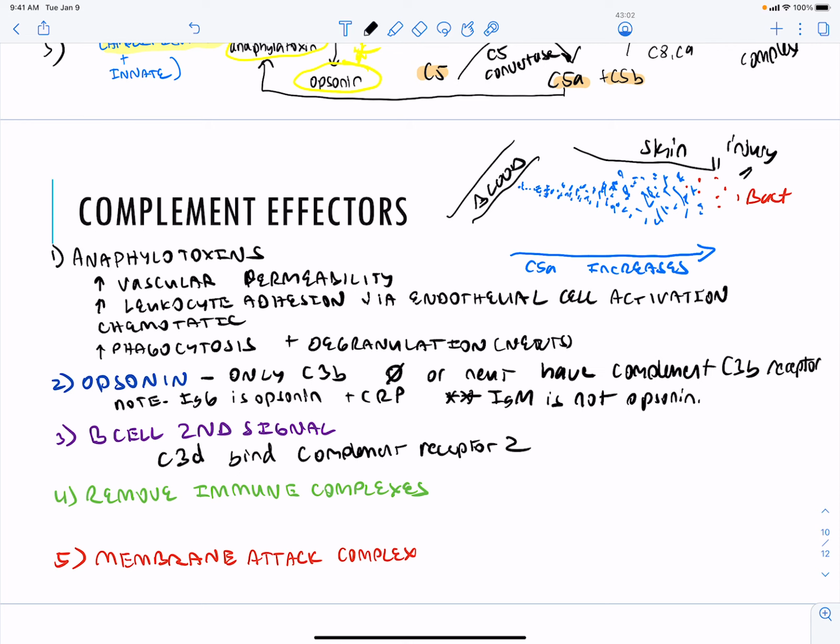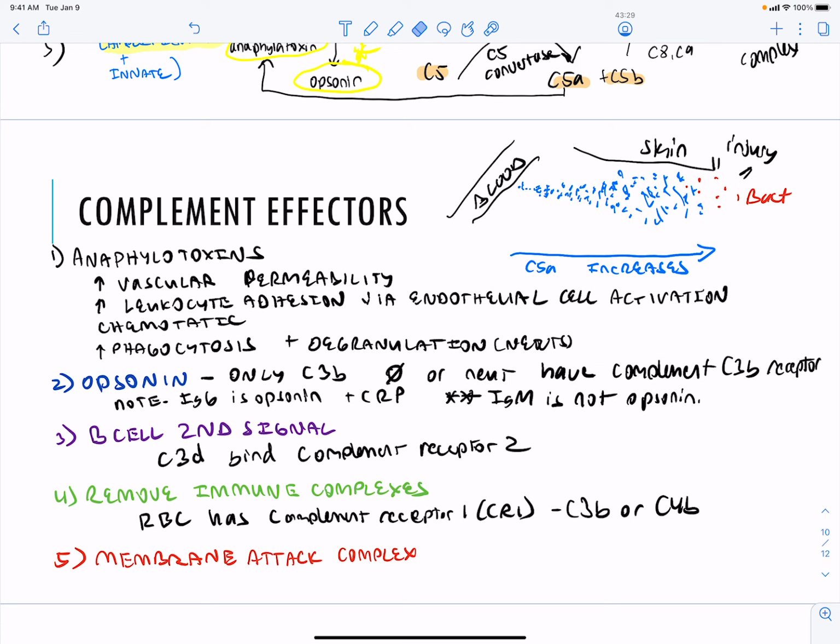So for the removal of immune complexes, this is on the red blood cell, which has complement receptor 1. And this can bind to C3b or C4b.